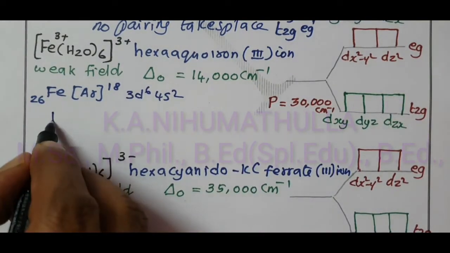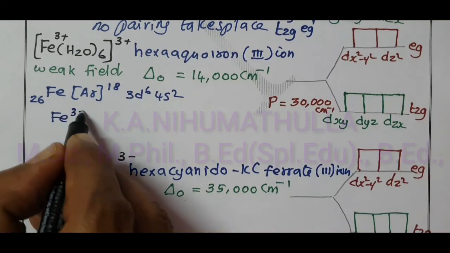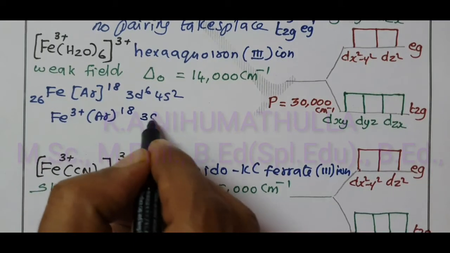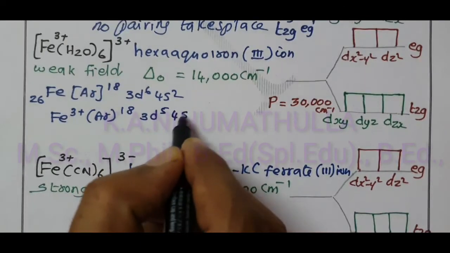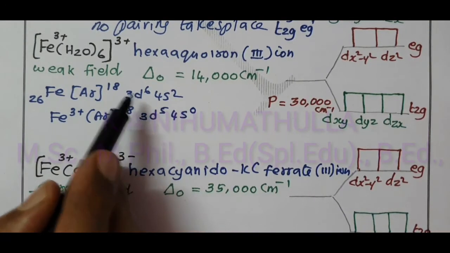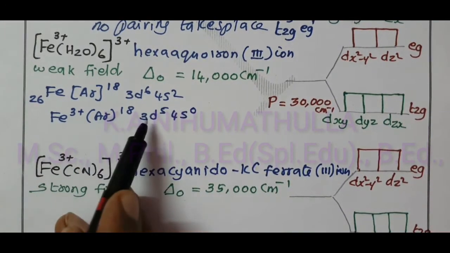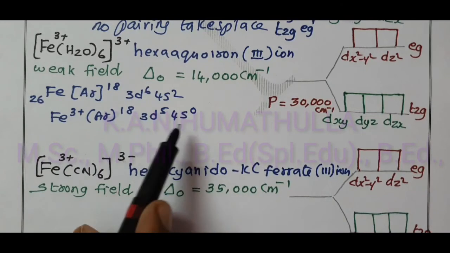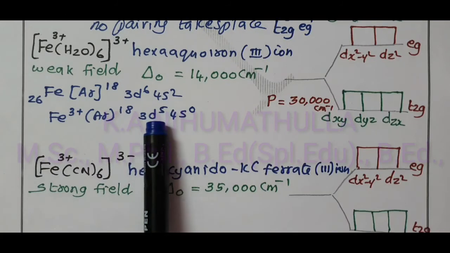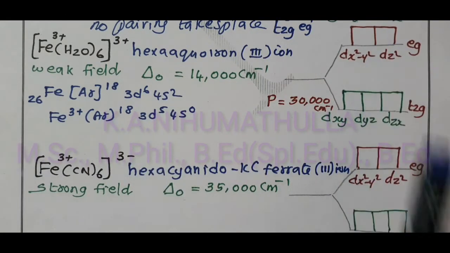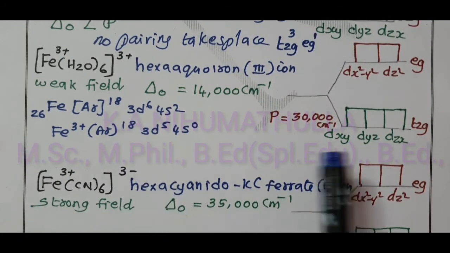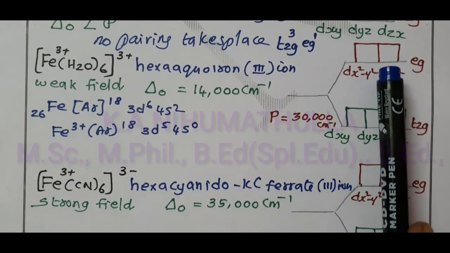For Fe3 plus ion, it indicates loss of how many electrons? 3 electrons. 2 electrons from the s orbital and 1 electron from the d orbital are removed, and the electronic configuration is 3d5, 4s0. How to distribute these 5 electrons in T2g and Eg levels? That is our question.